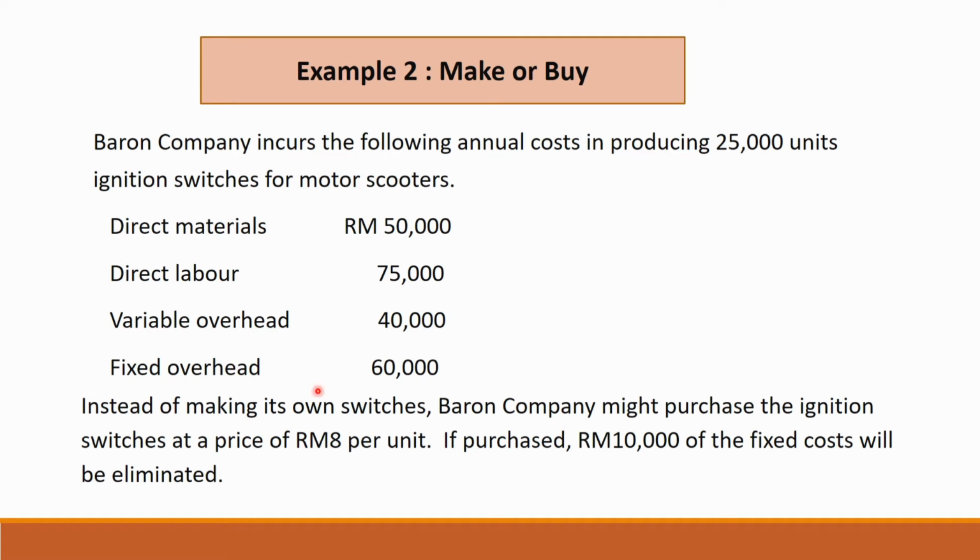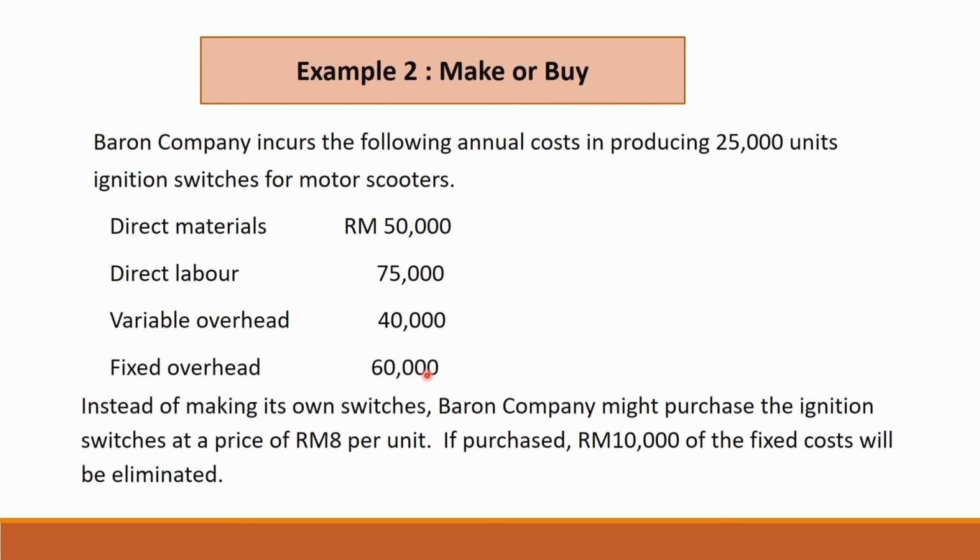So it means that RM10,000 of fixed overhead can be avoided. So the other 50,000 of fixed overhead is irrelevant cost and we should eliminate 50,000 of irrelevant cost from the analysis.